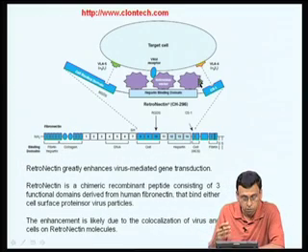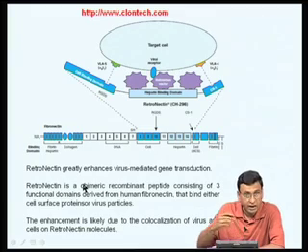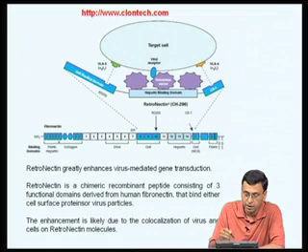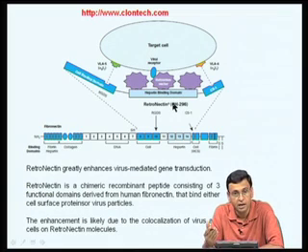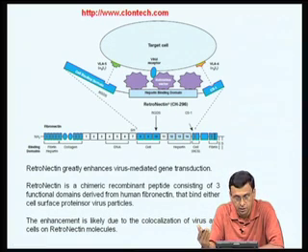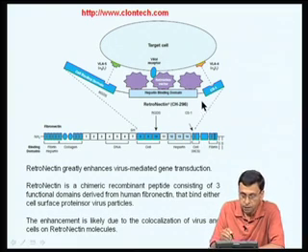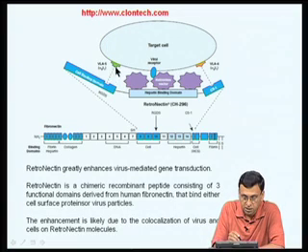There are also compounds like retronectin, which enhances the efficiency of transduction. So the retroviral vector can efficiently infect the cells, so that you get very high efficiency of transduction of mammalian cells. The retrovirus binds to a viral receptor and enters, but if you have compounds like retronectin, many of these mammalian cells also have receptors for certain regions of retronectin as well.